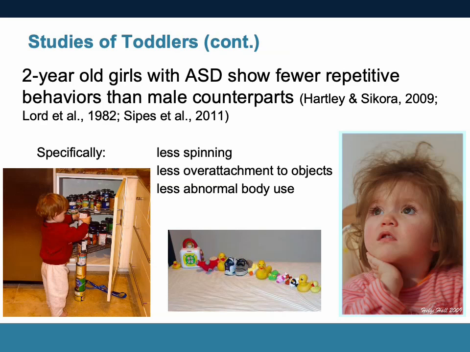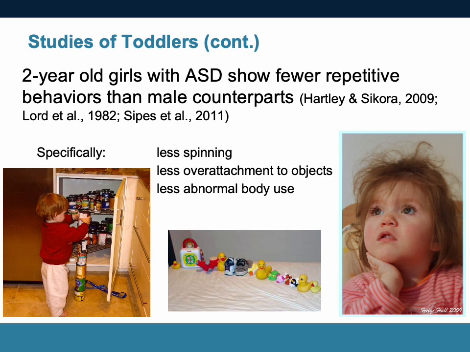Several studies have concurred on an important finding that will be very relevant for our practices in early identification, and that is that 2-year-old girls, who are later found to have confirmed diagnoses of ASD, show fewer repetitive behaviors than their male counterparts. Specifically, several groups have noted less unusual actions on objects, I guess you might say.